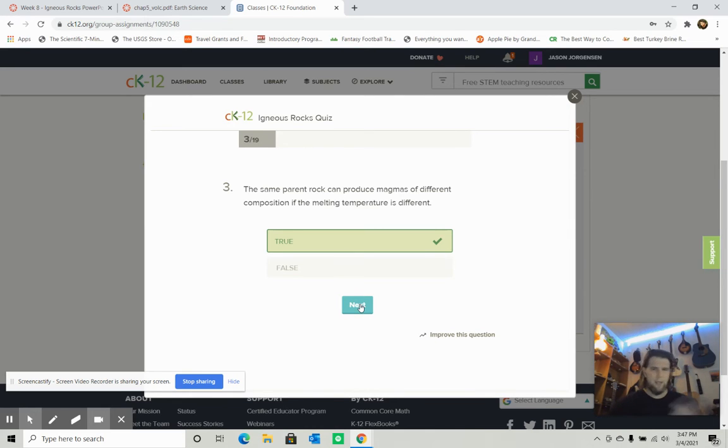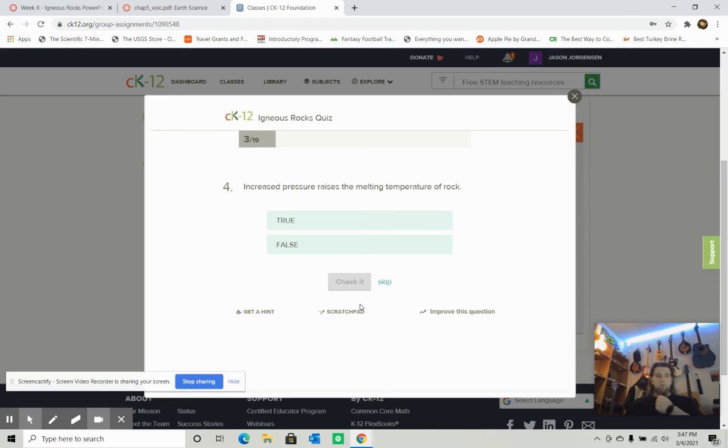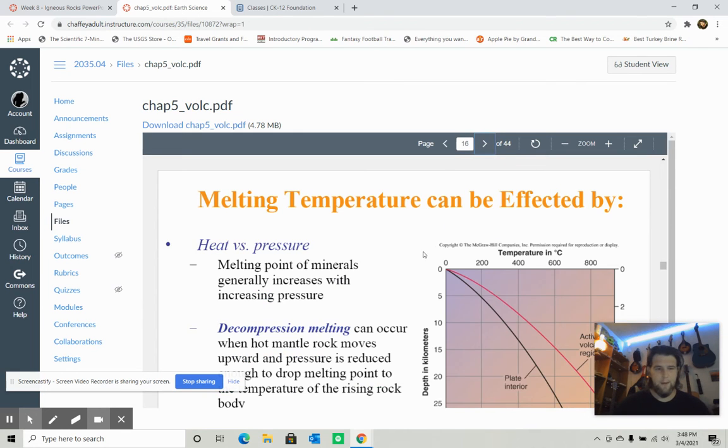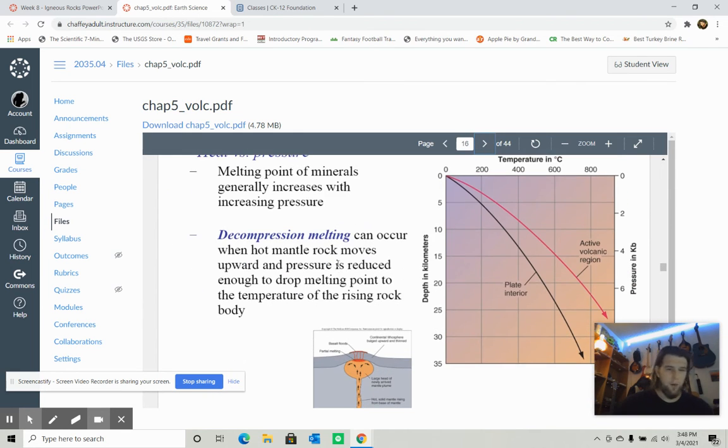All right. And we can see where some of the things start to make sense. So now, number 4 says that the increased pressure raises the melting temperature of a rock. So if we go back into here with pressure, right around here as well, the decompression melting. It can occur when hot mantle rock moves upward and the pressure is reduced.